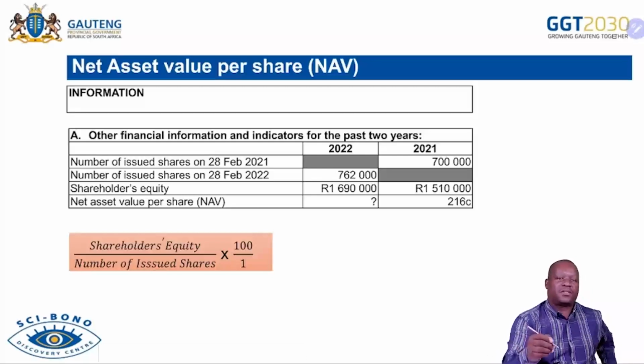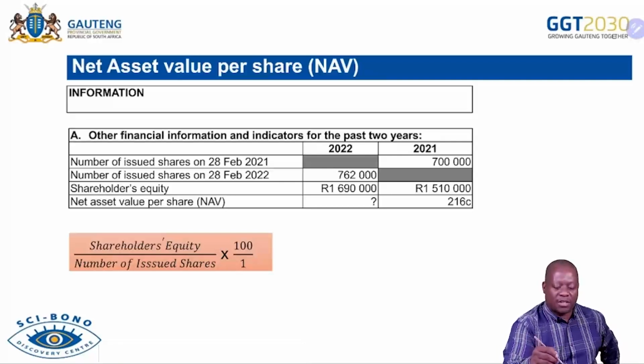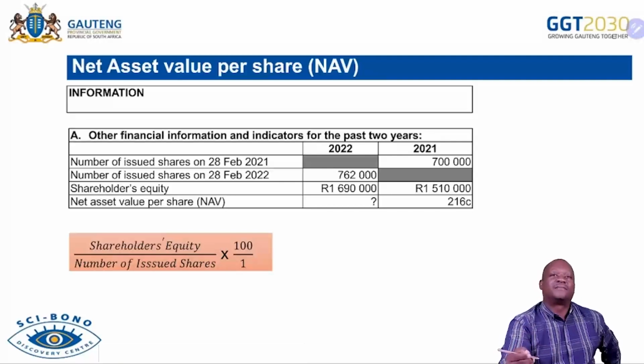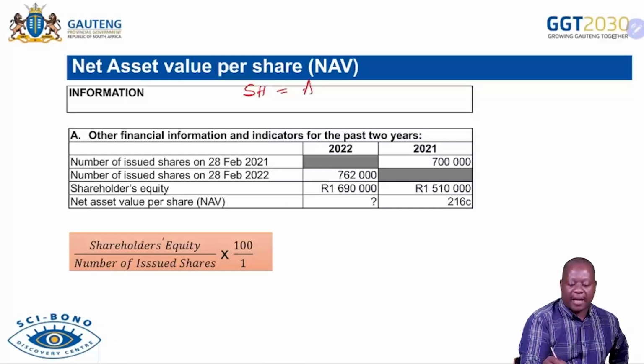Please check this. I have seen a number of candidates having a problem in this ratio because when it comes to this indicator, it's saying net asset, but the formula is saying shareholders' equity. Please remember this. Your net assets equals shareholders' equity. How do we find our shareholders' equity? Remember, it is going to be total assets minus our liabilities.